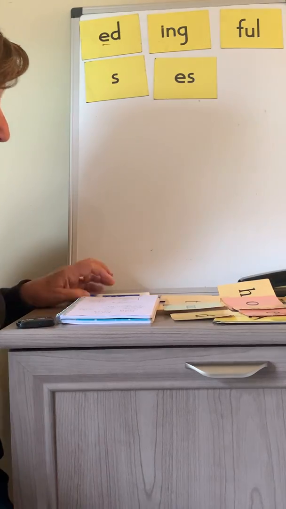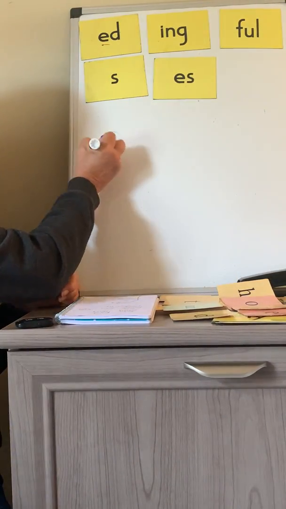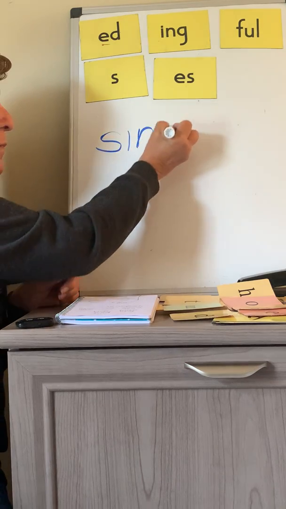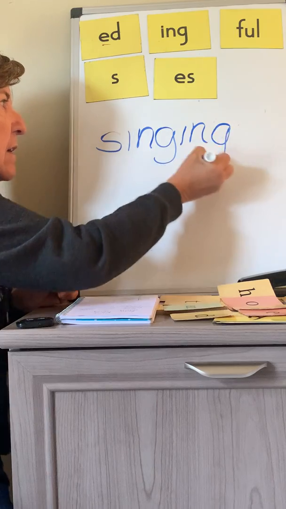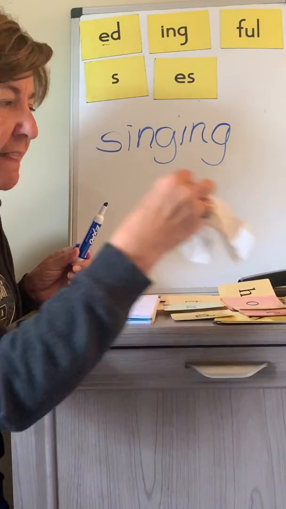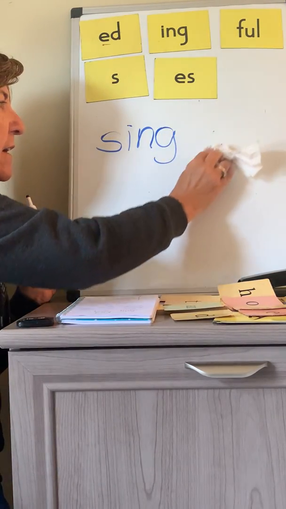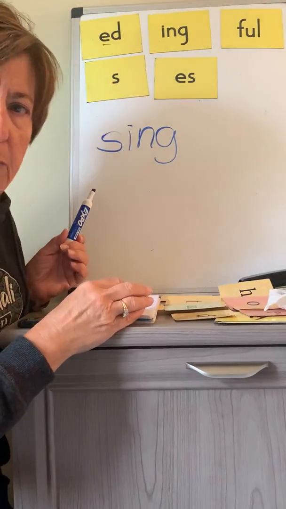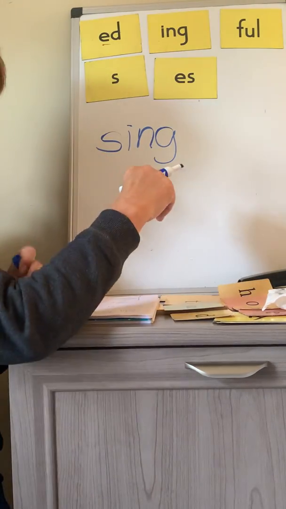So for instance, if I had the word singing, I know I could take that suffix off, ing, and there still would be a real word left, sing.